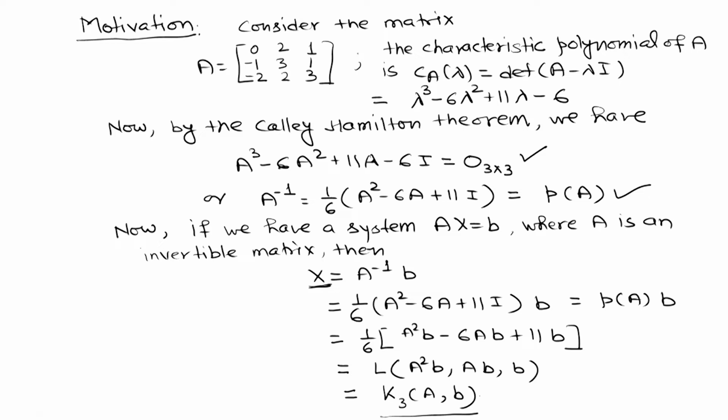We will get the solution with less computational complexity as compared to any other standard iterative methods like Jacobi and Gauss-Seidel, or some direct method. So, this is the motivation of using the Krylov subspace method.